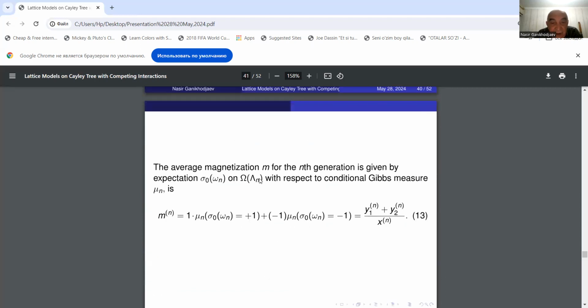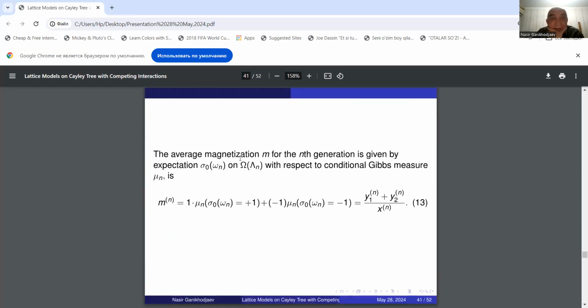So here, note, the average magnetization of the n-th generation is computed as the expectation of this random variable. Substituting, we have this ratio. That is, magnetization will be equal to 0 if y1, y2, both of them are 0.